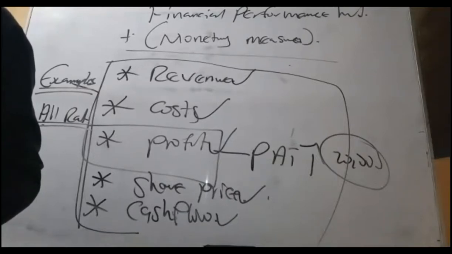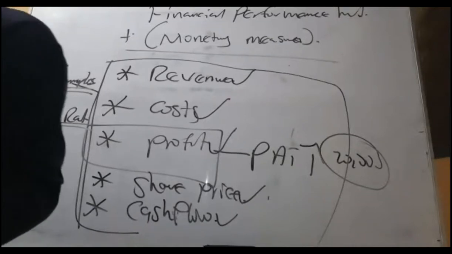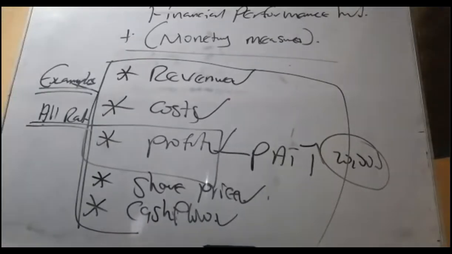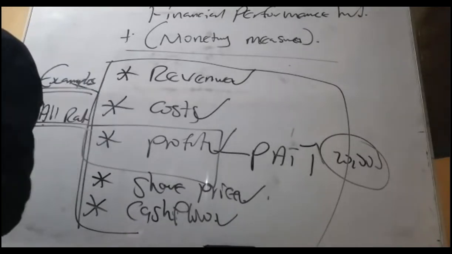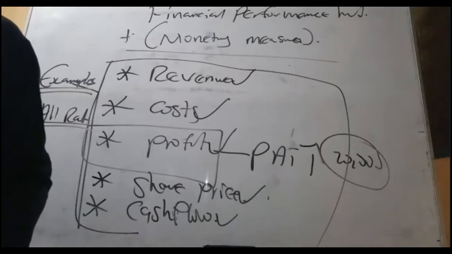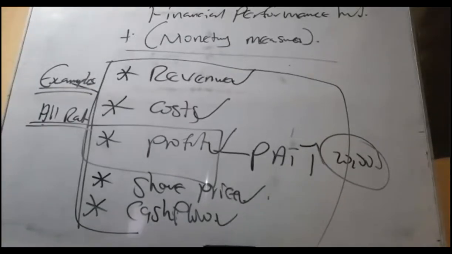So let's see. Now, when we talk about liquidity, I wish I could explain this in a short while. I'll try. Just that I've done a full section on ratio analysis. So I think let me upload that one and then we use that instead so that we can move a bit faster.